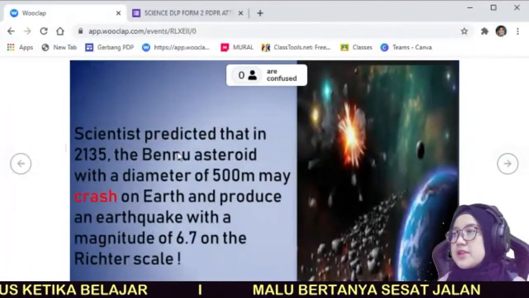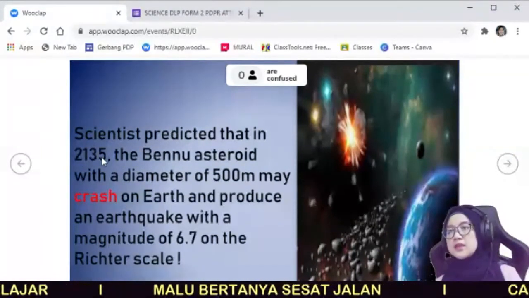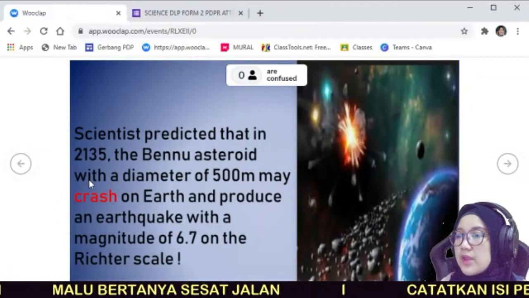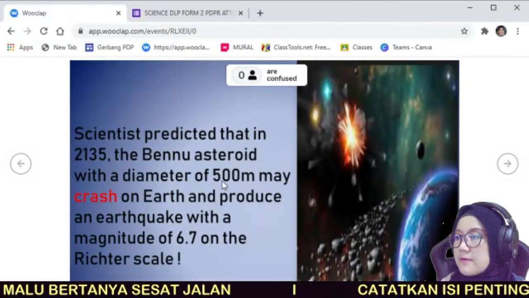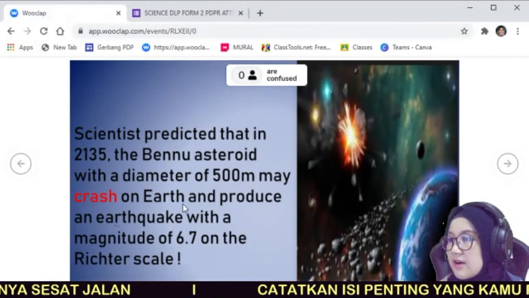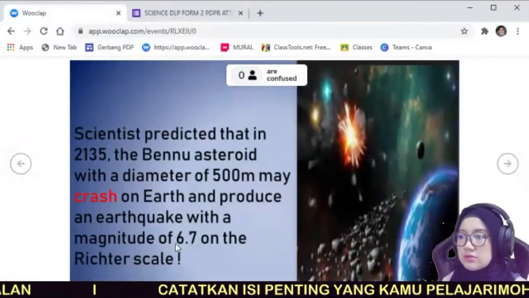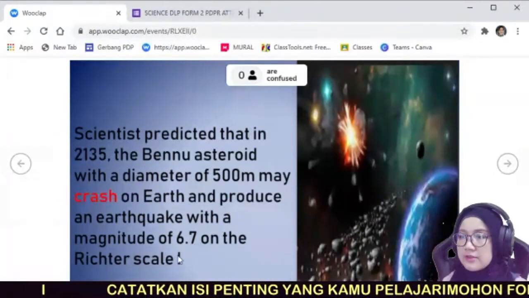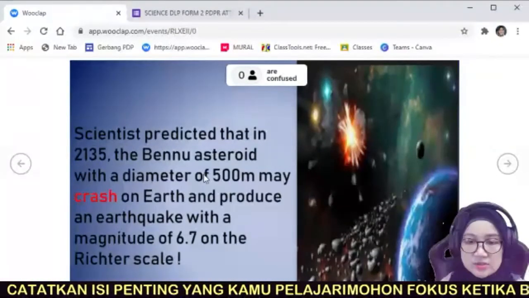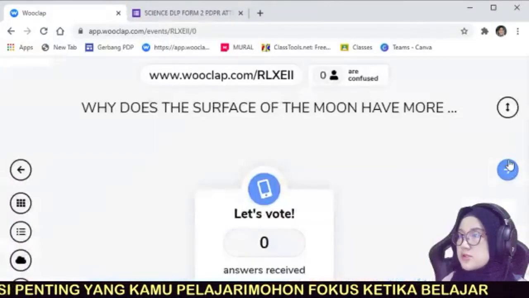Scientists predicted that in the year 2135, the Bennu asteroid with a diameter of 500 meters may crash on the Earth and produce an earthquake with a magnitude of 6.7 on the Richter scale. So this is the prediction. We do not know whether it becomes true or not.